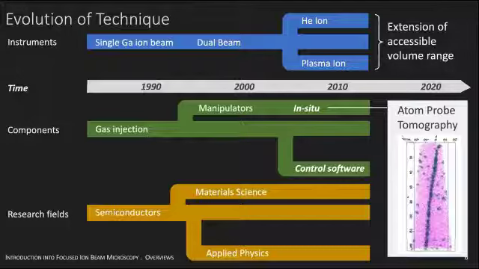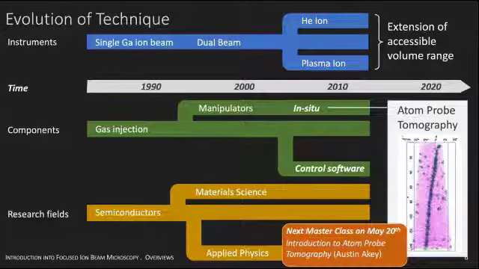Traditional techniques were very much limited to metallic samples. But with the focused ion beam, you certainly were able to prepare material and extract material from any type of material that you can think of. If you are interested in that technique, I highly recommend to tune in next week, where Austin, our expert in atom probe, will give an introduction to that technique.